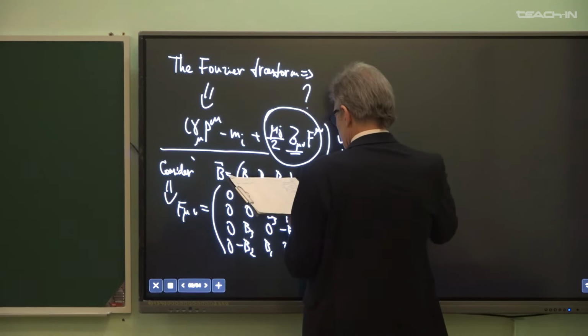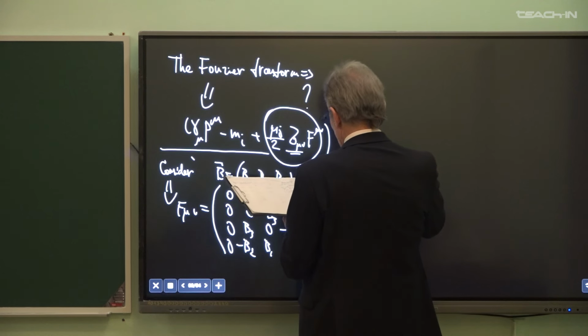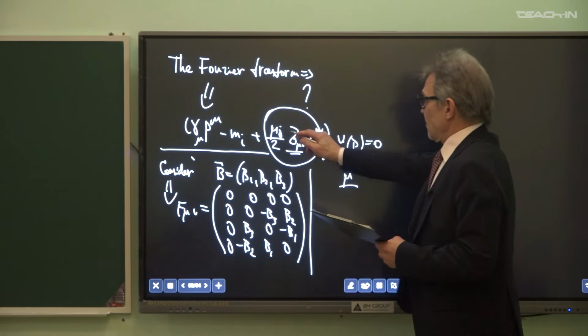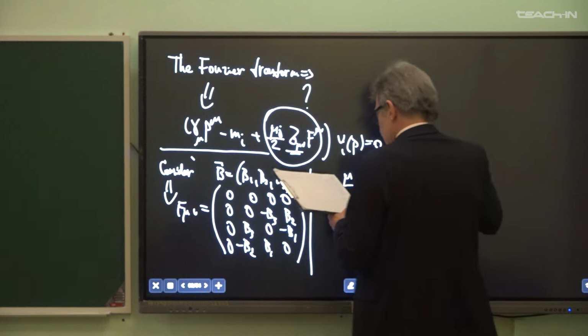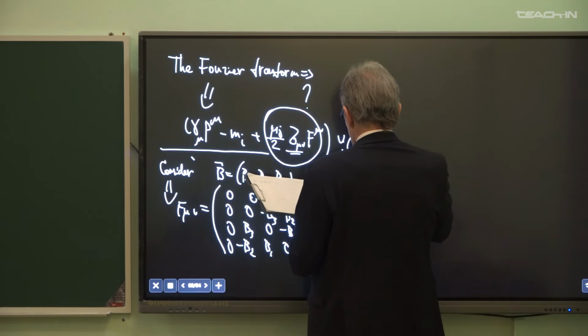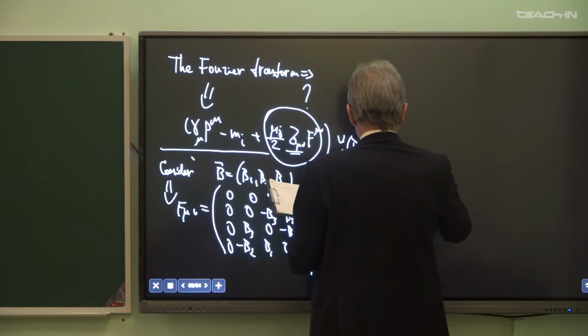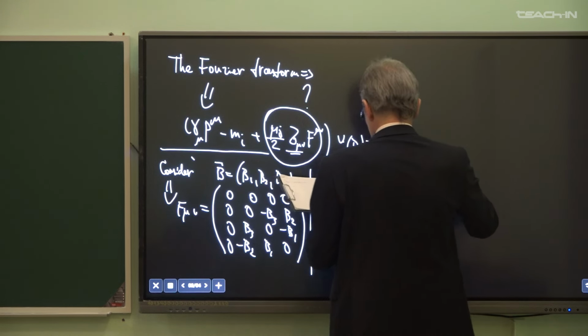So then we can write that this magnetic moment term, I skip the I, it's I divided by 2: sigma mu nu f mu nu equals I mu.